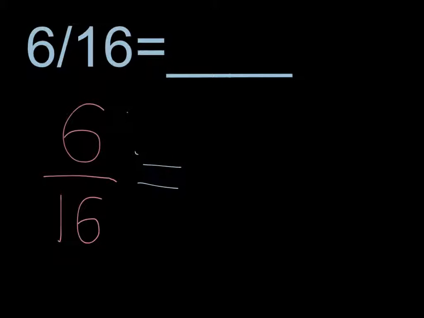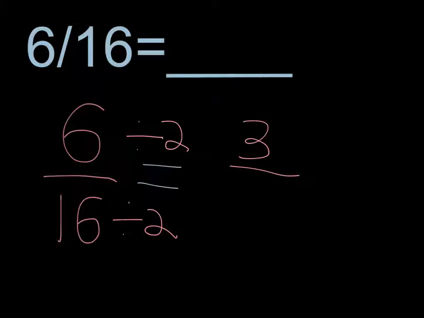We're going to divide both by 2. So 6 divided by 2 equals 3, and 16 divided by 2 is 8. So an equivalent fraction for 6 over 16 is 3/8.